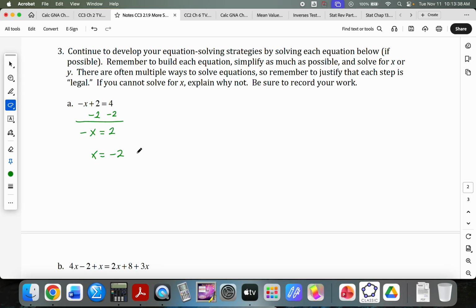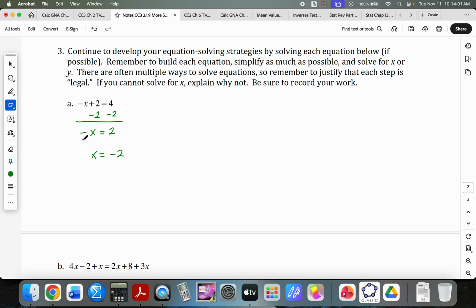Now, some students are like, I don't like it when the x is negative. We talked about that. Warren, did you have an idea? Yeah, but I don't. All right. So if the opposite of x is 2, what is x? Well, it's got to be negative 2.